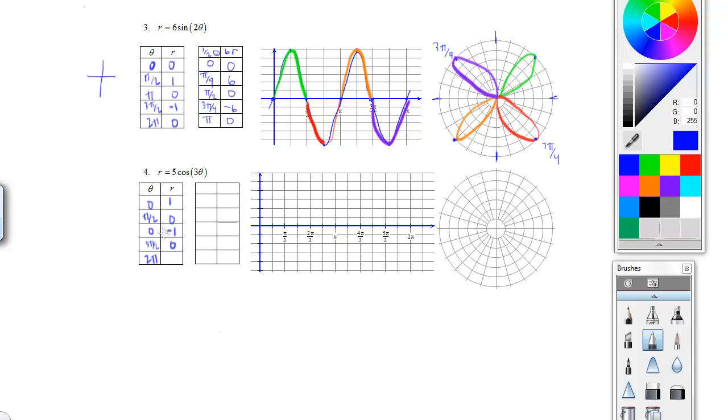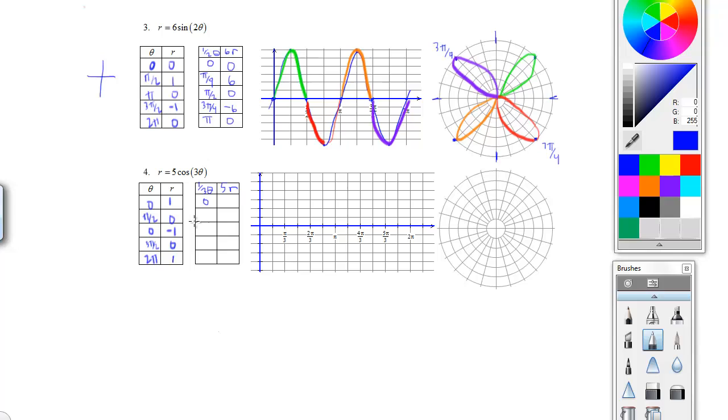Okay, so here's the parent table for cosine, just finishing up at 2 pi, the cosine is back at 1. So this function, we're going to do 1/3 of all of the theta values and 5 times the radius values.